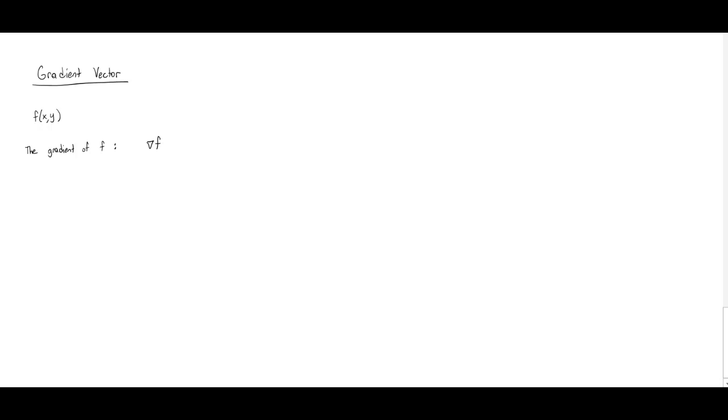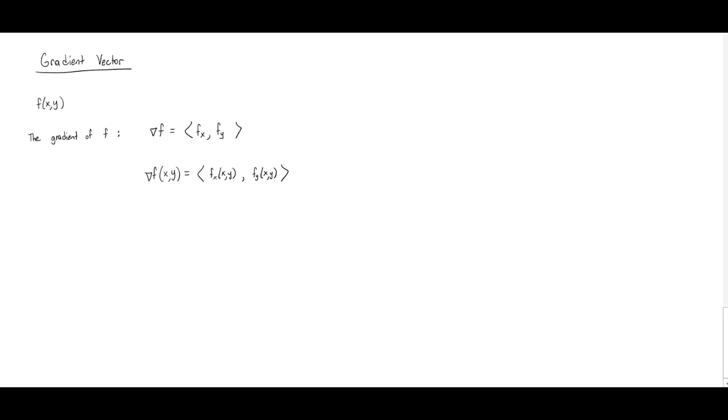So the gradient of f is equal to the vector of partial derivatives of the function f. And now I'm going to write my partial derivatives using this notation, okay? If I want to emphasize the point that I'm evaluating at, I could write it like this. Okay, so that's all the gradient vector is. It's just a vector of all the partial derivatives. So it has some significance. So I'm going to talk about that pretty much for the rest of the review.